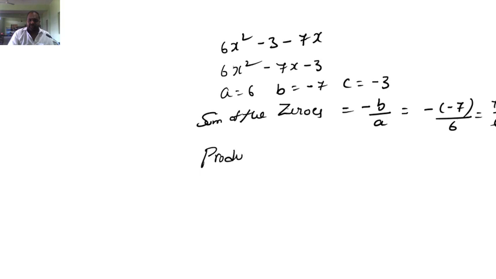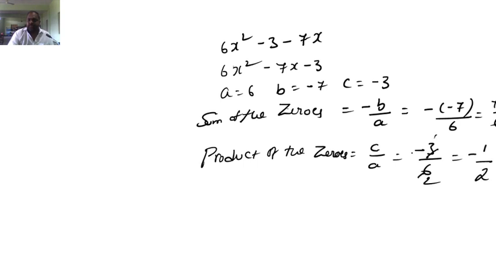Product of the zeros, c by a, minus 3 by 6. 3 1 ja, 3 2 ja, minus 1 by 2. So this is the sum of the zeros and this one is the product of the zeros. 7 by 6 and minus 1 by 2.